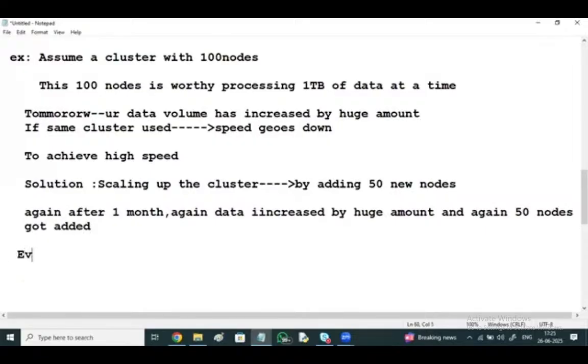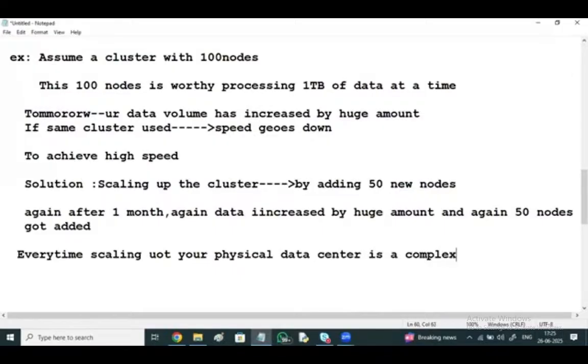So here, every time scaling up your physical data center is a complex task.